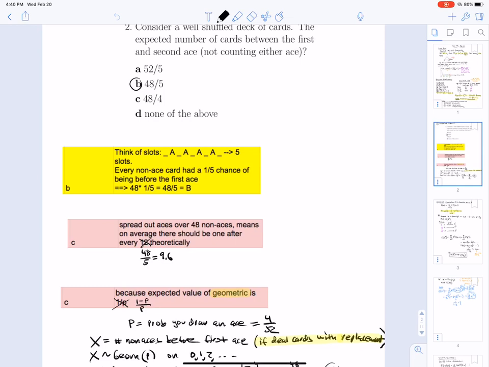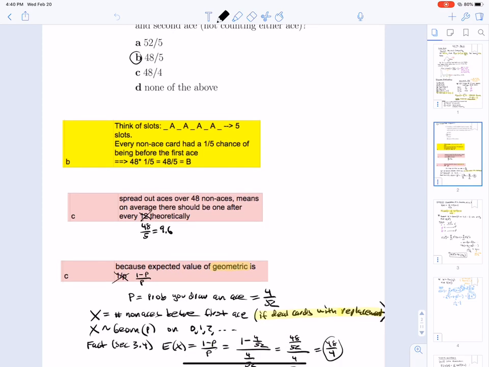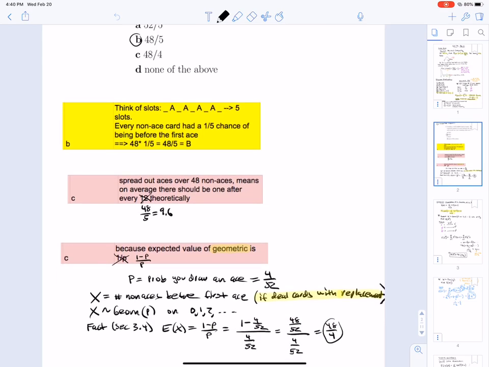So we have dependency there. So that's what's breaking down in his argument. But if you ignore that, the expectation of x is 1 minus p over p, which is 1 minus 4 over 52 divided by 4 over 52, which is 48 over 4.